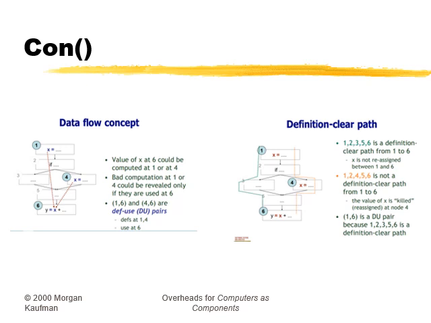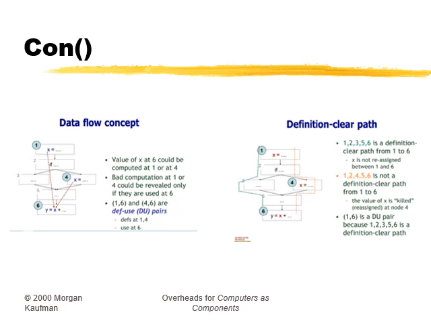Bad computation at 1 or 4 could be revealed only if they are used at 6. So if there is any wrong computation at 1 or 4, it can be revealed only at 6. That's why 1 and 6, and 4 and 6, are def-use pairs. At 1 we have a definition and the use is at 6. At 4 we again have a definition, and the use is at 6. So these are def-use pairs.